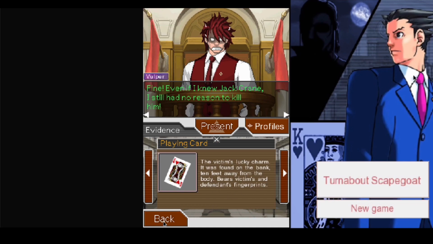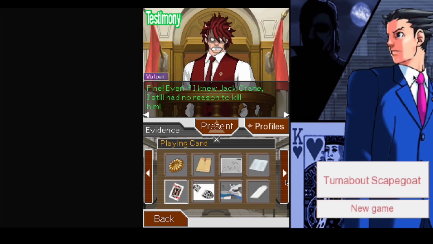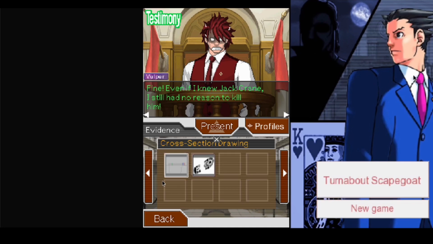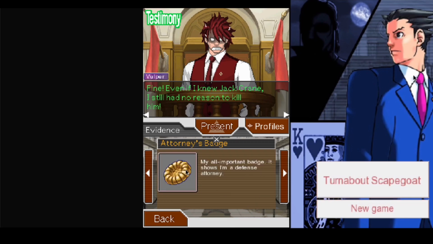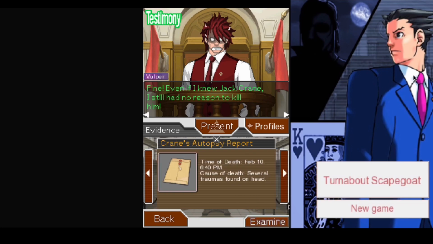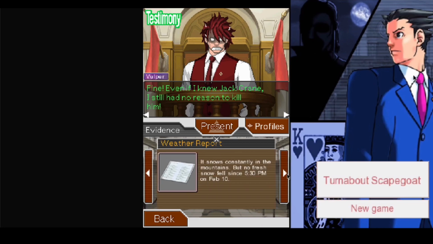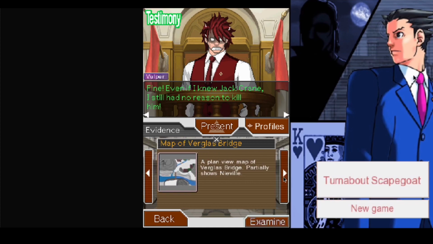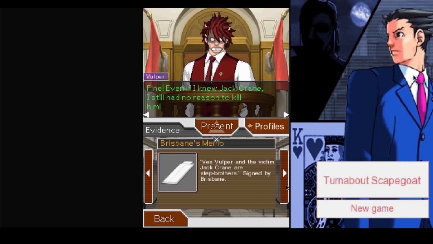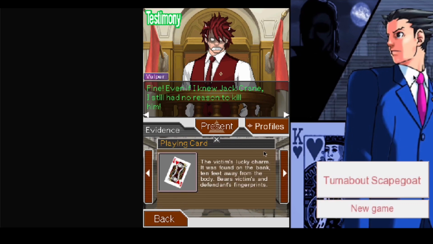Because it doesn't have his fingerprints on it, but looking at the rest of this evidence, let's go through it one by one. The attorney's badge, no. The autopsy report, no. Shoe prints photo, no. Weather report, no. The playing card, I think it's the playing card. Shoe print, no. Map, that doesn't matter. Memento, memo, doesn't matter. Cross-section drawing, doesn't matter. His shoe print, doesn't matter. So, I'm gonna try the playing card.